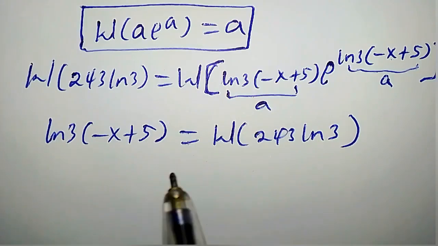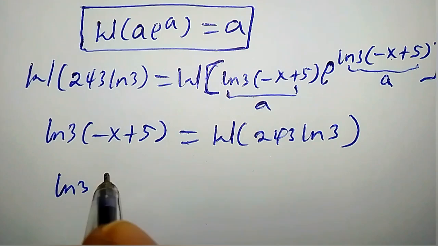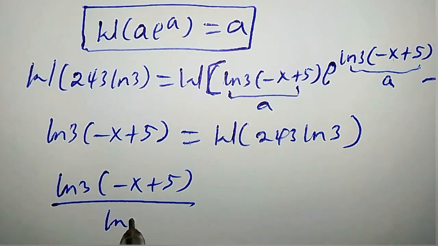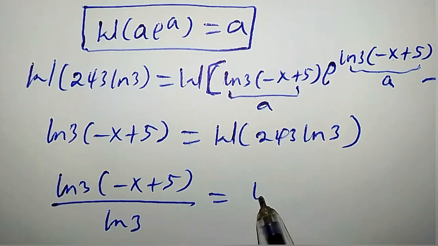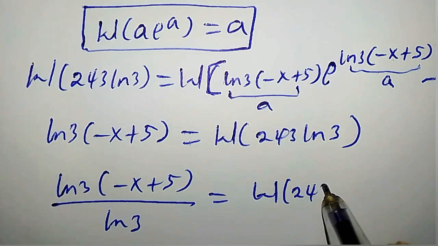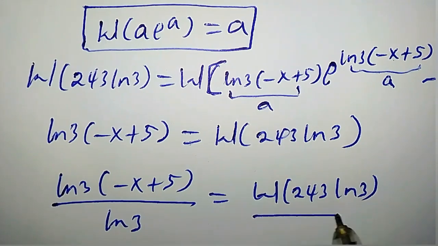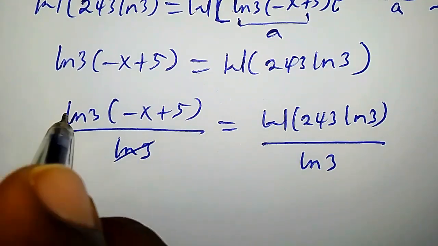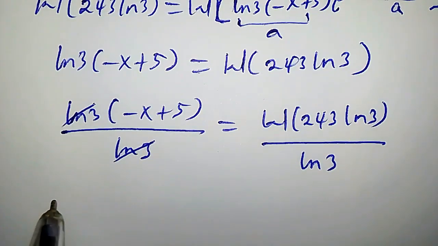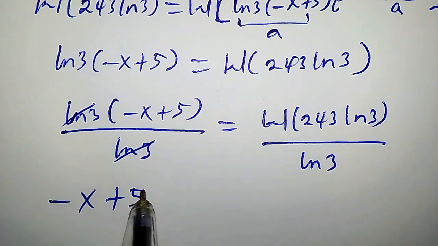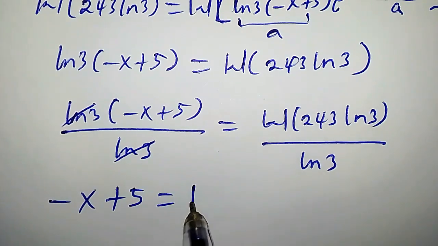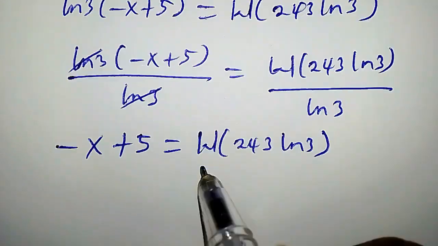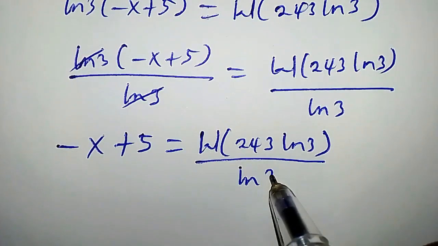Dividing both sides by ln 3, we are going to have ln 3 times minus x plus 5 over ln 3 equal to W of 243 ln 3 over ln 3. Let's continue. Clearly, ln 3 cancel ln 3. We are left with minus x plus 5 equal to W of 243 ln 3 over ln 3.